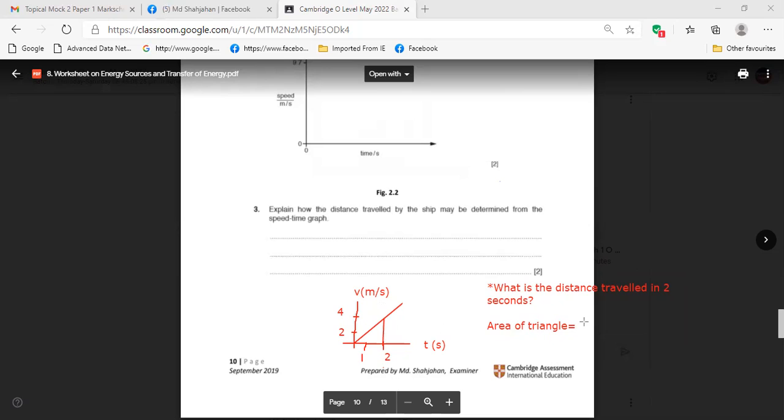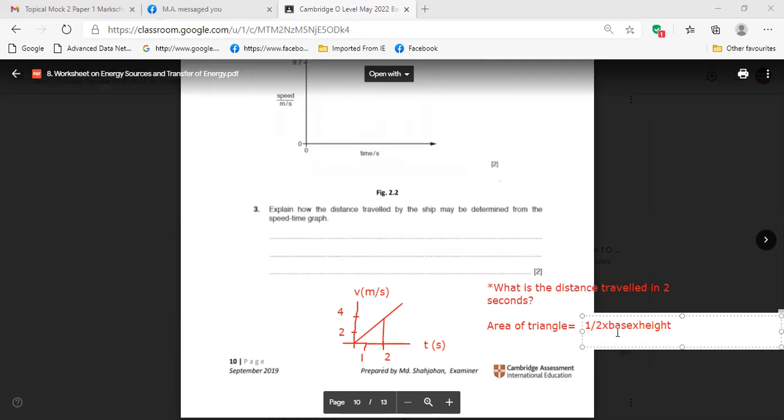So half into base into height. We have half multiplied by base multiplied by height. The base is how much? 2, right?